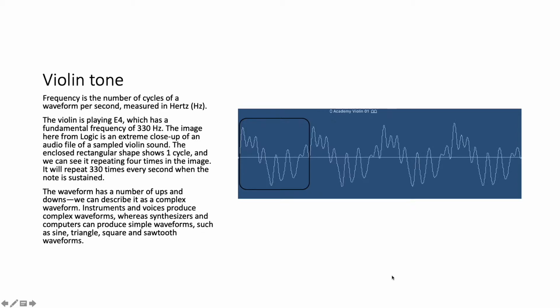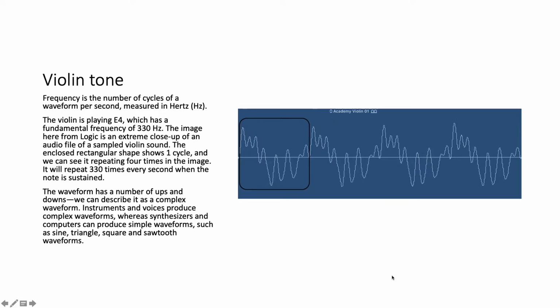With Logic, we can get a close-up image of the waveform, which is what we have here. And we can see that in the enclosed rectangular shape, we have one cycle of the waveform. If you see the rest of the waveform going from left to right, you'll see that that one cycle is repeated 4 times.